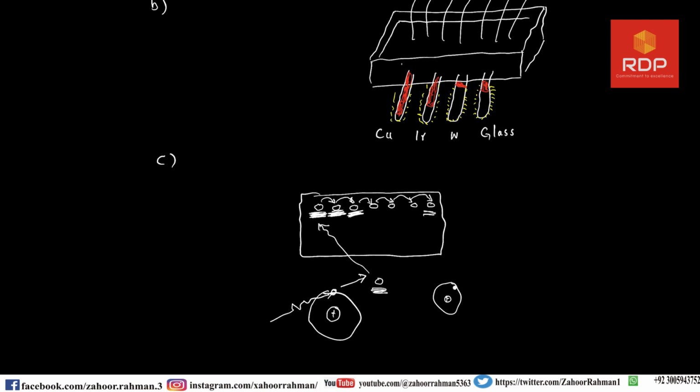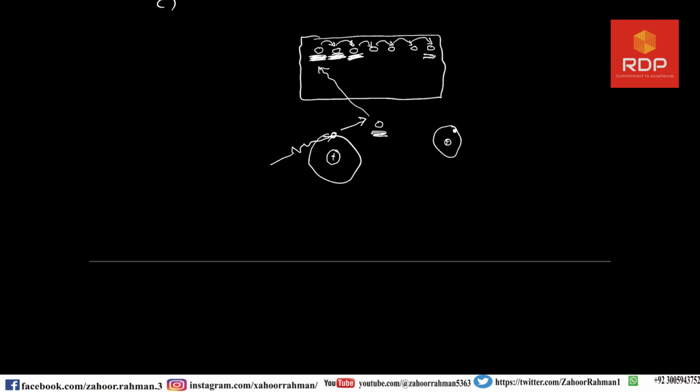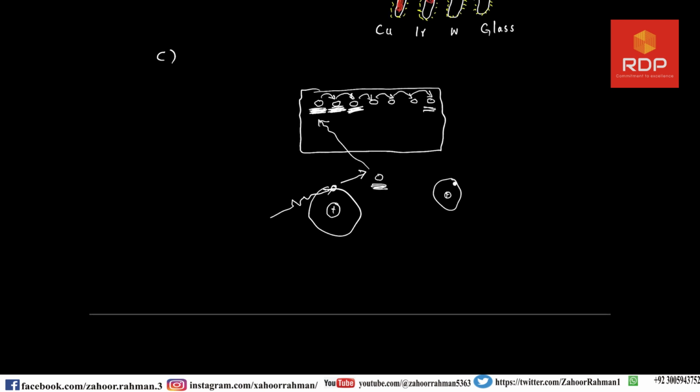So there are no free electrons in wood, so they will not vibrate freely because they are under the effect of the nucleus, and as a result they will not shift energy from one place to another. So that was the whole story about the C part.